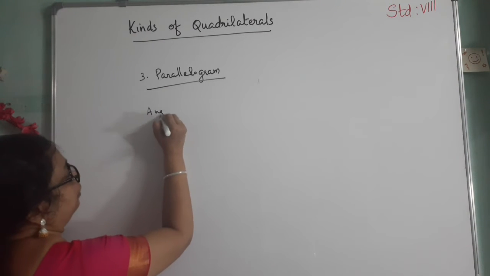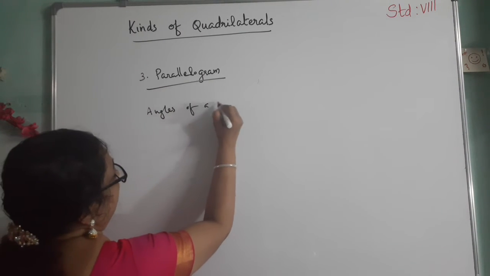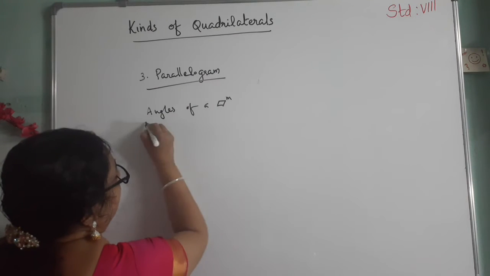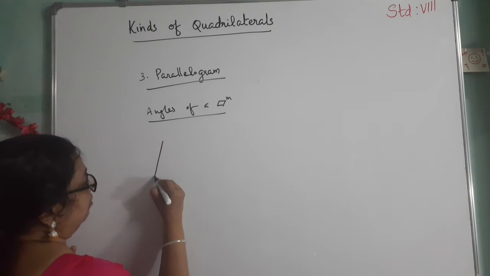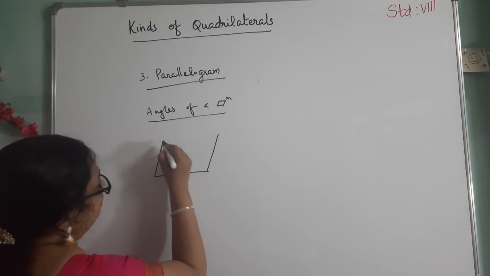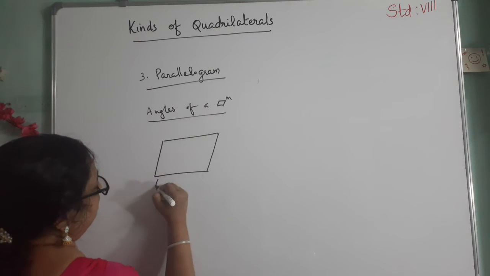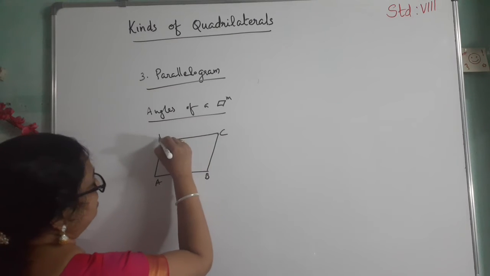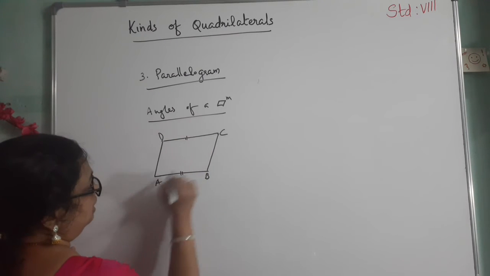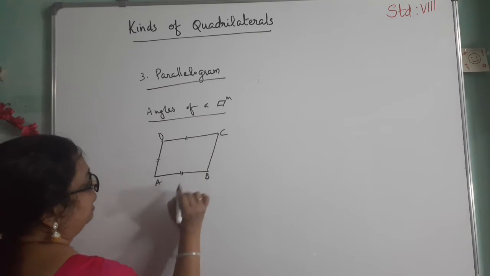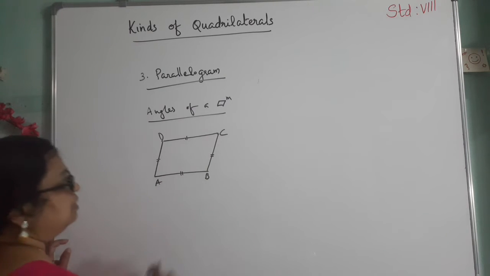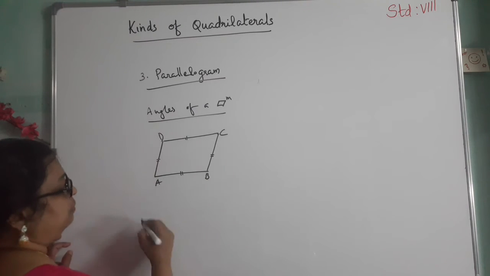Angles of a parallelogram. Suppose this is a parallelogram ABCD. Then AB parallel to CD, and AB and CD are equal. AD parallel to BC, and these are equal. Then angles of a parallelogram.